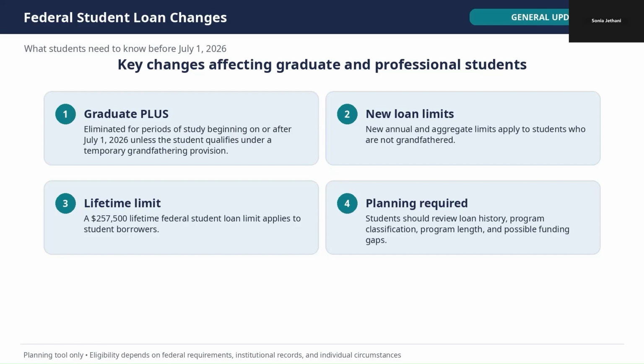Second, new annual and aggregate borrowing limits will apply to graduate and professional students. Third, a new lifetime federal student loan limit of $257,500 will apply. These changes may affect how students plan for the remainder of their program costs, especially students who have relied on Graduate PLUS loans or who have borrowed federal student loans across multiple programs or degree levels.